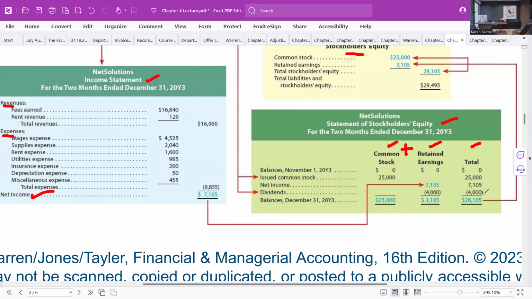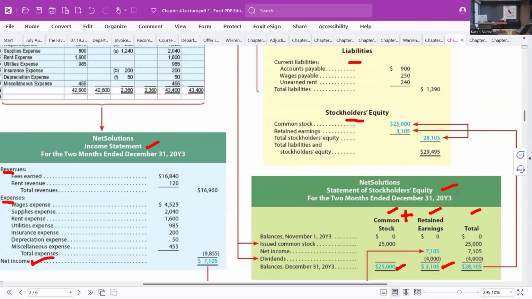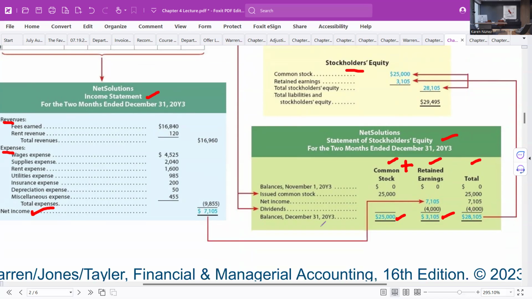Within stockholders' equity on the balance sheet, we are reporting on two things: common stock and retained earnings. That's all that you're going to see in stockholders' equity.